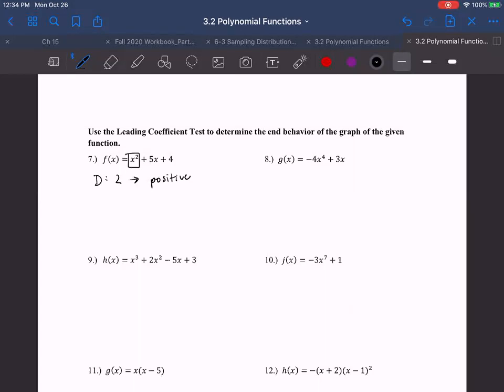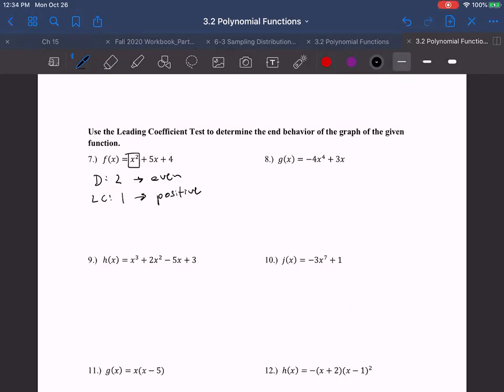The leading coefficient is 1. Oops, I wrote it down wrong on the screen. It's a degree 2. It's even. And the leading coefficient is 1. It's positive. There we go.